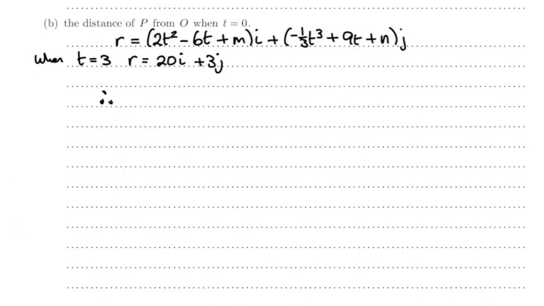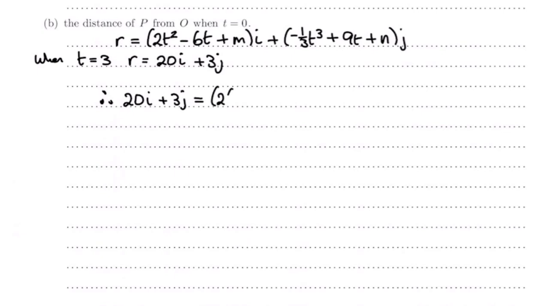So therefore, 20i plus 3j equals, and again, I'm going to substitute 3 in wherever I see t. This time I'm going to sort that out.